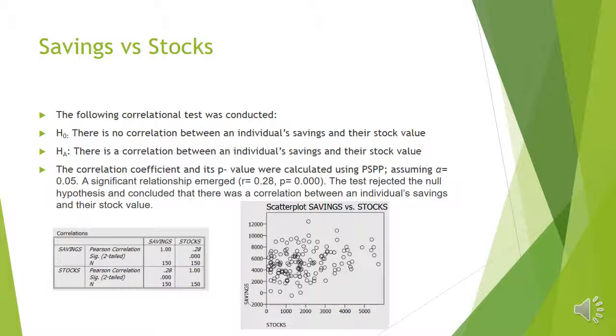Statistical tests again were ran, where we rejected our null hypothesis because we found a correlation coefficient of 0.28 with a p-value of 0.000, which again signifies a positive relationship, whereby a higher stock value would be associated with more savings.